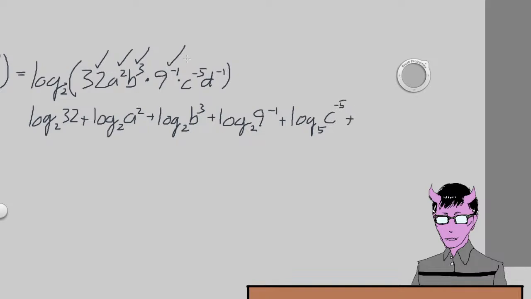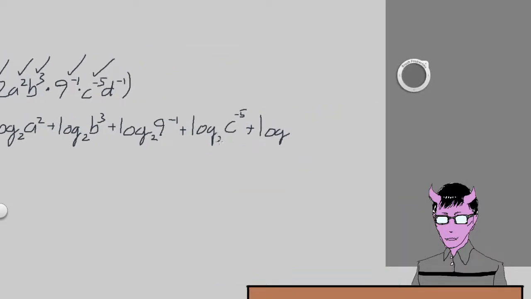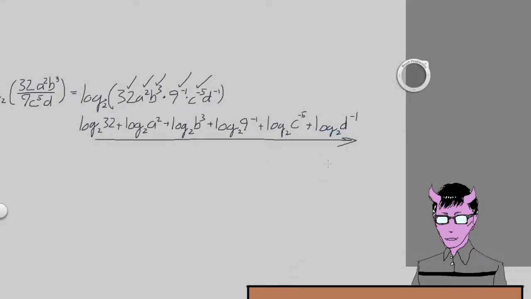Whoops, I wrote base 5 at first. As you're doing expansion, you must maintain base 2, not base 5. I think I was misled by this 5. Okay, but anyway, last one: log base 2 of d to the power of -1. So that is the expansion.